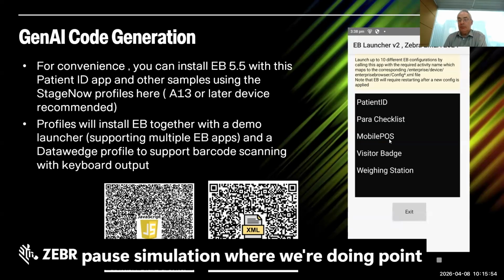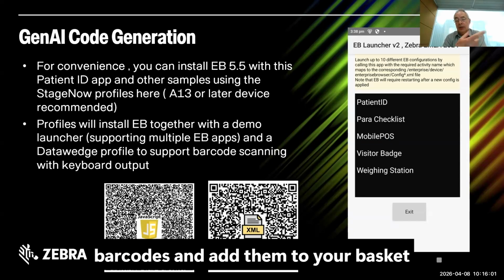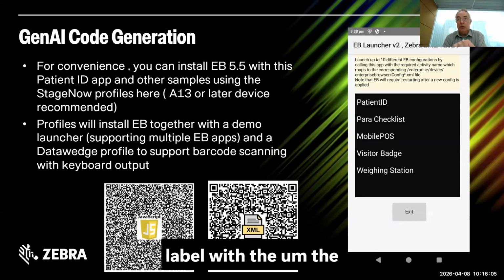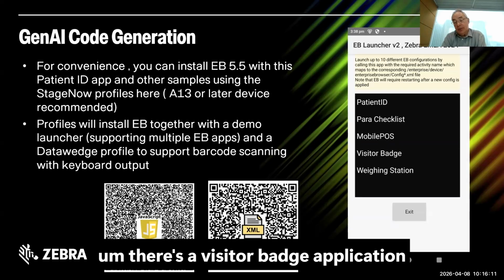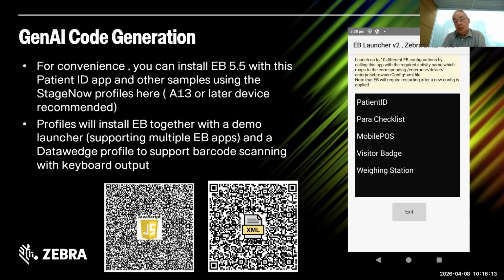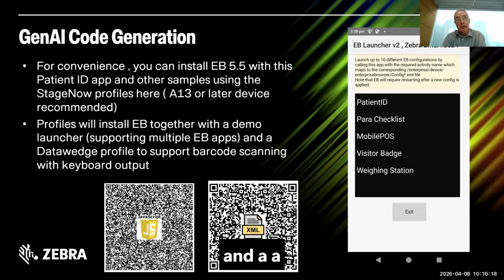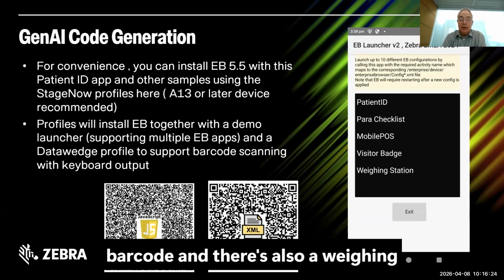There's a mobile POS simulation where we're doing point of sale, where you can scan barcodes and add them to your basket. In that demo, we're just printing a label with the receipt, basically what you purchased. There's a visitor badge application, which allows you to enter a name and a company, and it will print a visitor badge containing that information and a barcode.